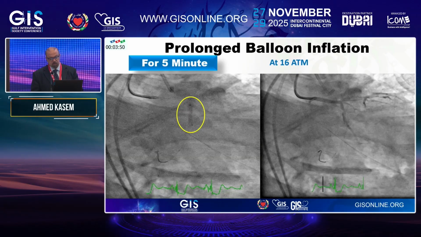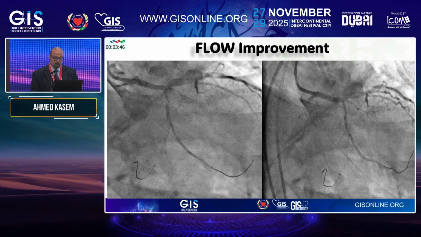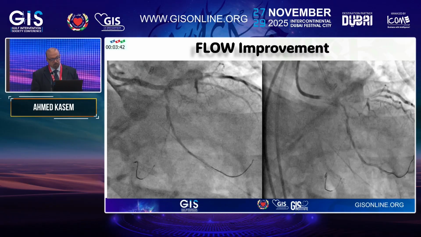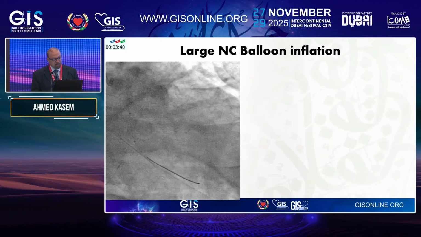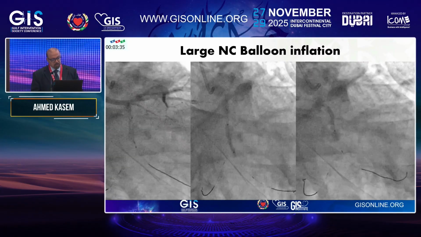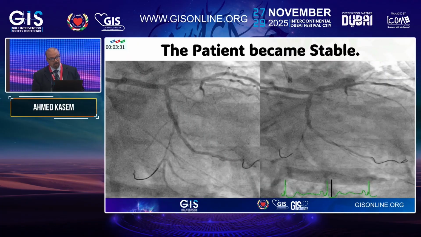Immediately after 5 minutes there was gain of flow to this big OM, and successful wiring of this big OM. I made more dilatation and optimization of the lesion, and the patient became stable after we gained the flow.